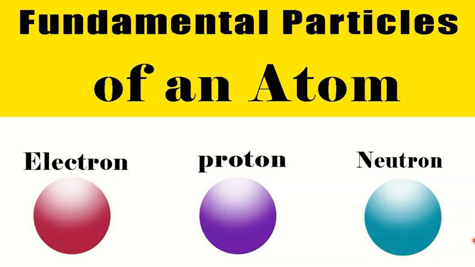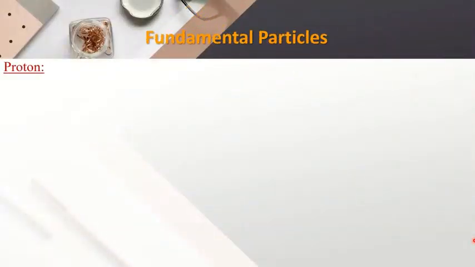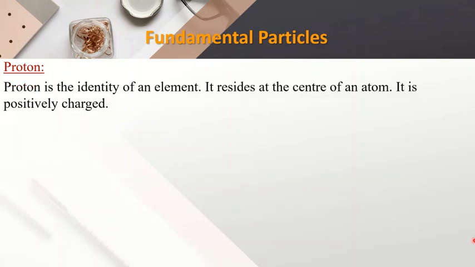Just one time, I want to show you that proton is the identity of an element. Proton is the identity of an element which resides at the center of an atom, and this center of the atom is called nucleus.